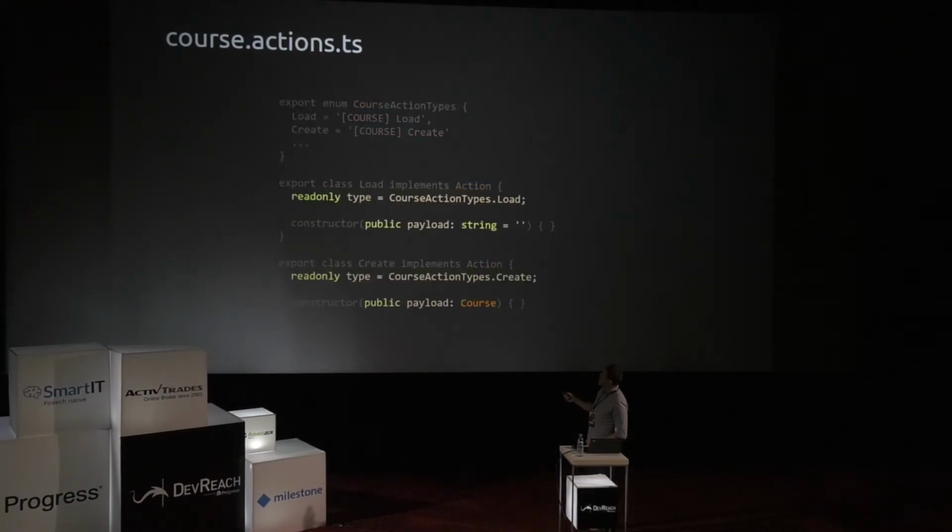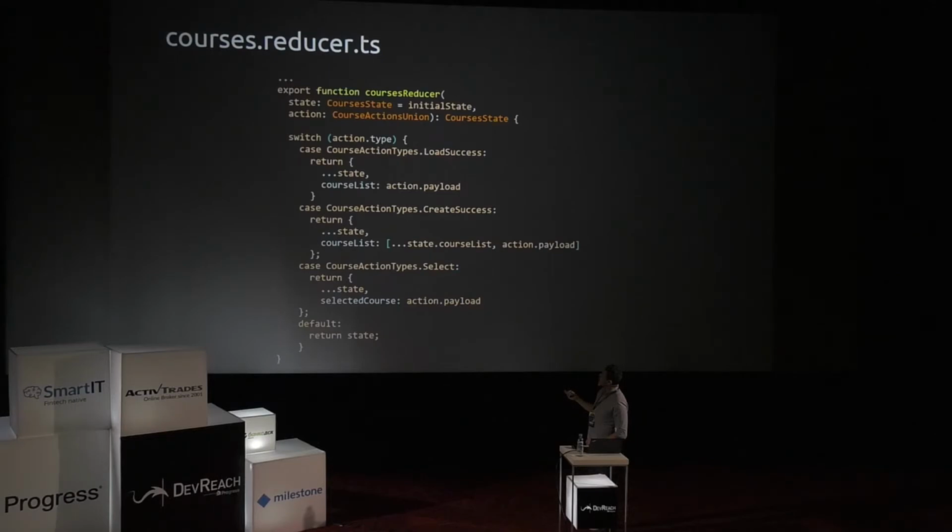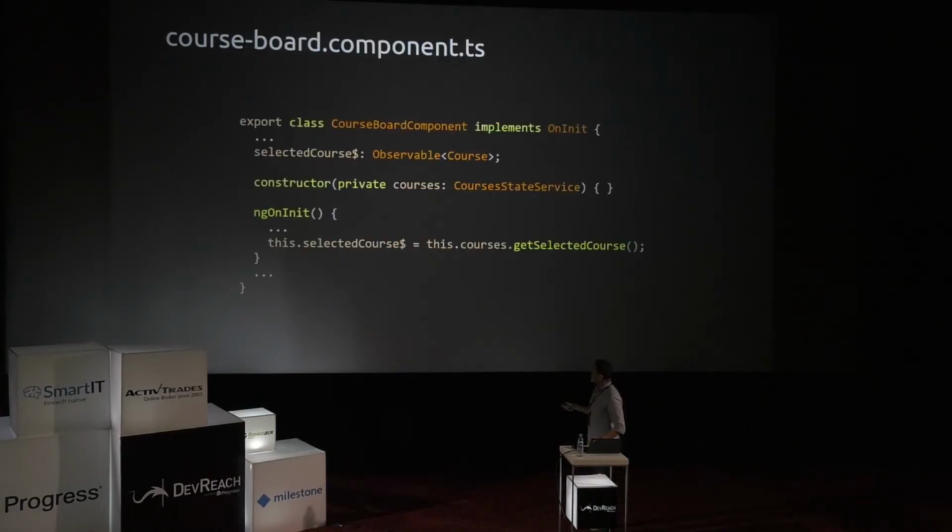So every time we update the state, and for example, we select a new object for our selected course, our state will be updated, and because we have subscribed to the changes inside this part of the state, our component will be notified immediately, and it will know when to re-render its layout.